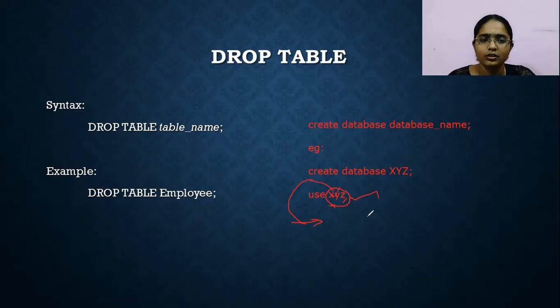Is it clear? So first create a database, then make use of the command use followed by the database name, then have a habit of creating tables. Without executing this command, what happens? It will be stored in some default database. In order to avoid it, you are supposed to mention use followed by the database name, then create the table in the concerned database.